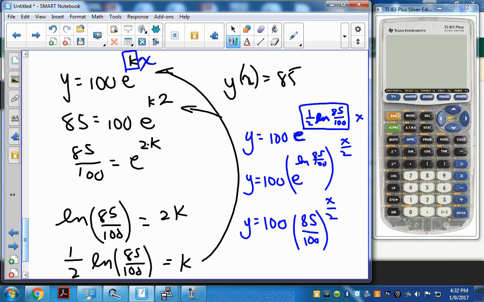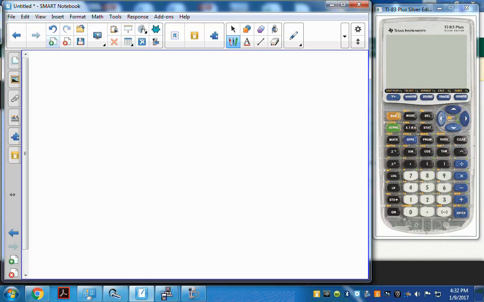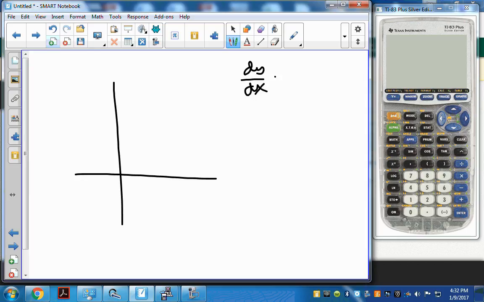Let me give you one more piece. We'll talk about this on Wednesday, assuming we're here Wednesday. If not, we'll talk about it Thursday, or I'll do another video. When you have any growth or decay situation, the derivative is directly proportional to the function, and you're given 2 data points. So let's say this is 0, 3, and there's another point out here which happens to be 5 and 7.